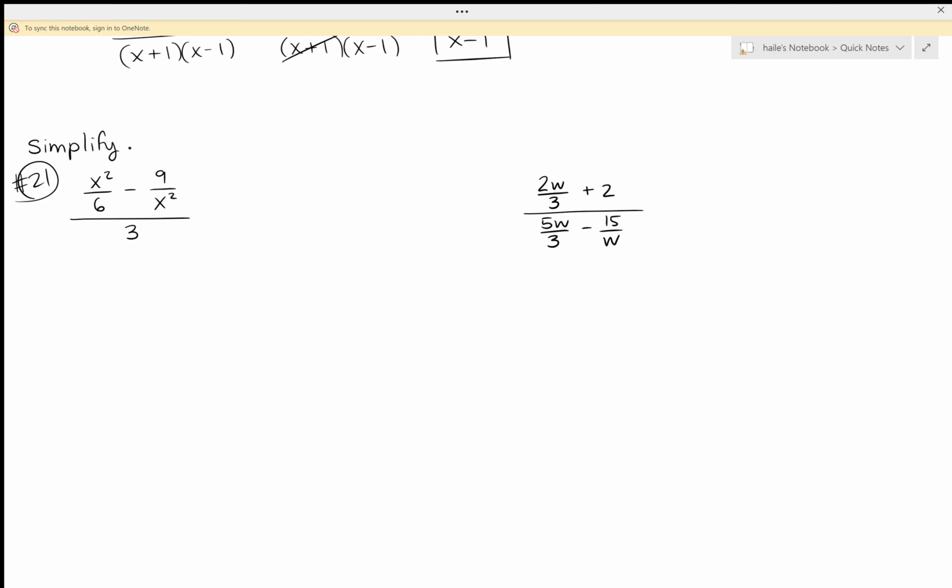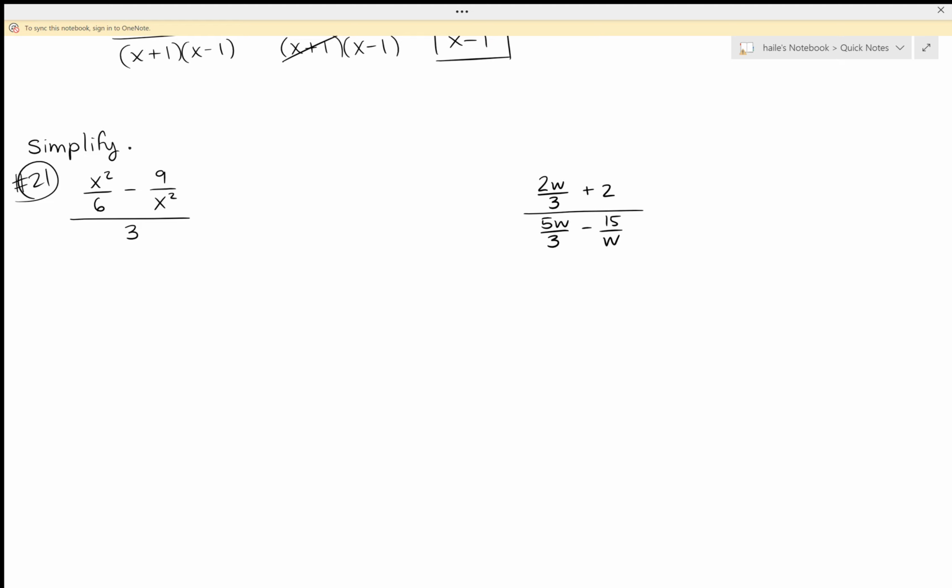There could be a fraction problem in the top of the fraction and in the bottom of the fraction, so you treat those like two different problems until they're simplified to the point that you can just divide them.